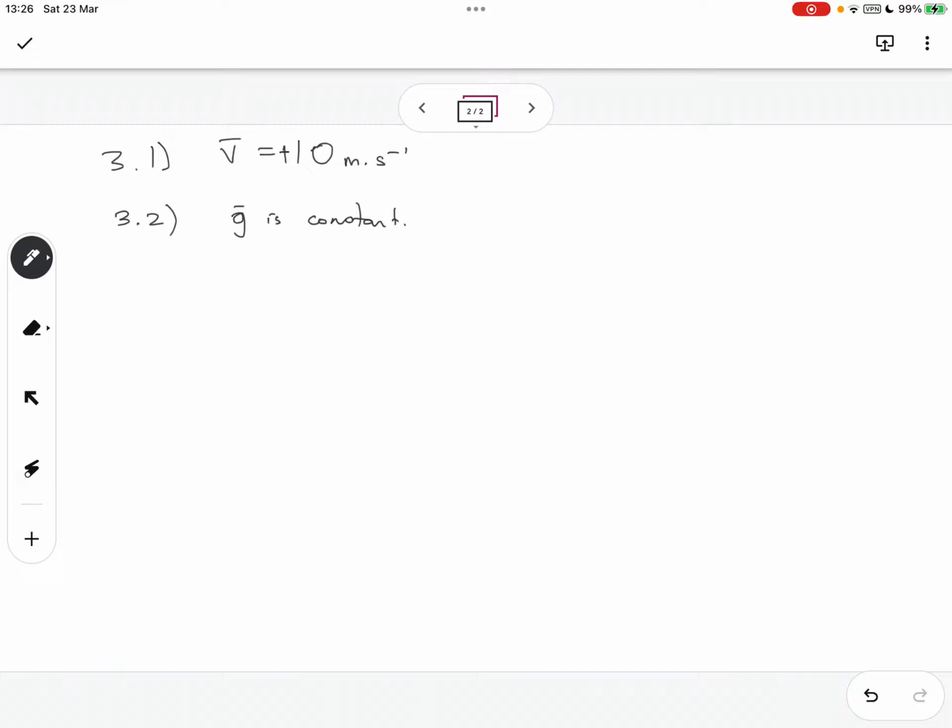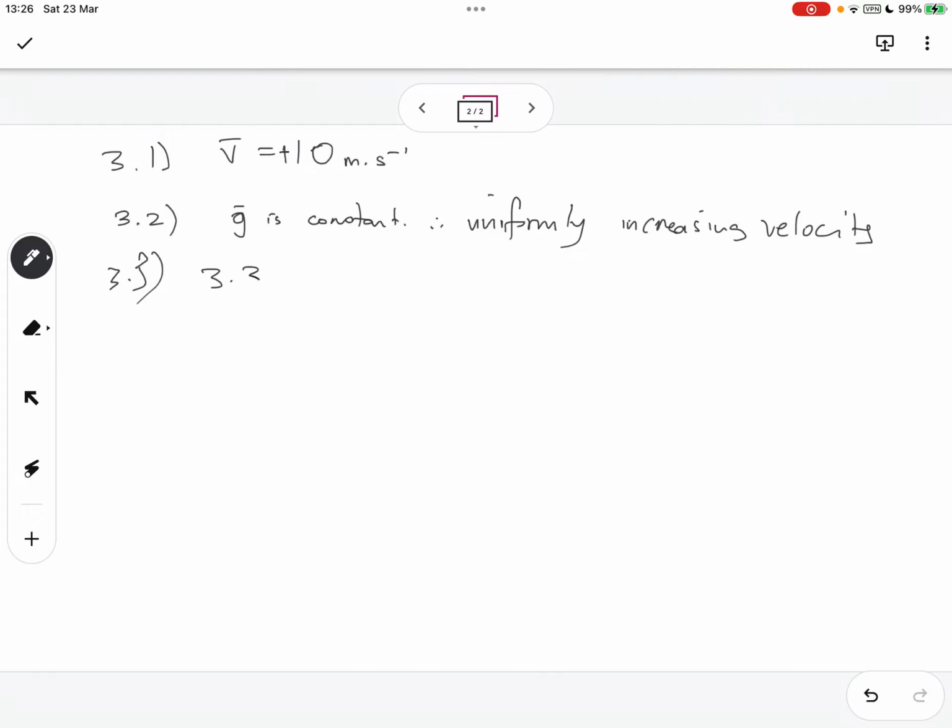So the acceleration due to gravity is constant, therefore uniformly increasing velocity. So that's a big reason why all the parts of the graph have the same gradient.